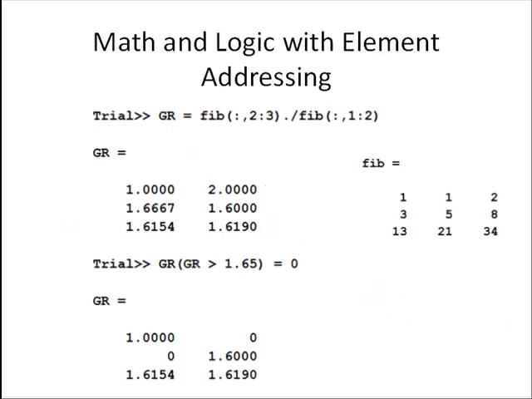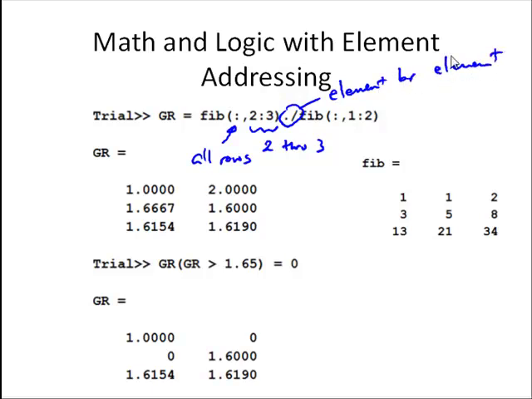We can combine that and do some math and logic with specific matrix elements. Here we have a new matrix creation where we're taking all rows, second through third columns of fib and dividing them element by element by the corresponding elements in all rows and first through second columns of fib.